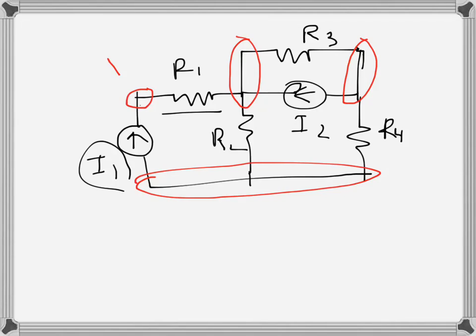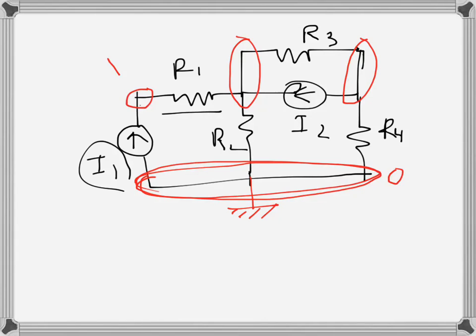It's convenient to assign the node where most of the branches are connected as the ground node because that will make the analysis convenient. So here we can see the most branches are connected, so let's call this the ground node, and once we do that, this voltage is 0, so this becomes the reference node.